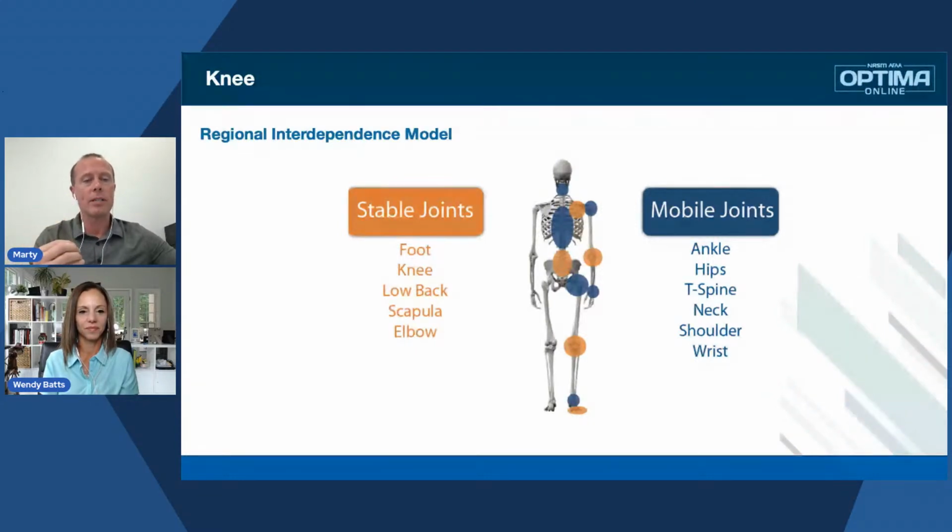So what happens is, and this is why we do our assessment, we're looking for a break in that alternating sequence where a stable joint becomes mobile or a mobile joint becomes stable. And it can happen on multiple joints or just one, and that can throw off the whole biomechanics of the rest of the body. And that's one of the reasons when we talk about this regional interdependence training model, guys, if something is happening that's incorrect at the ankle, they may not feel it at the ankle, but that one ankle joint not moving correctly can throw out someone's shoulder.